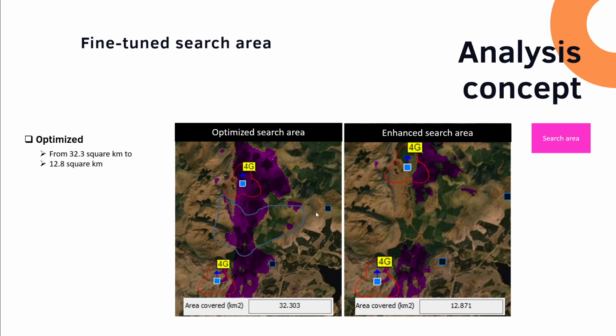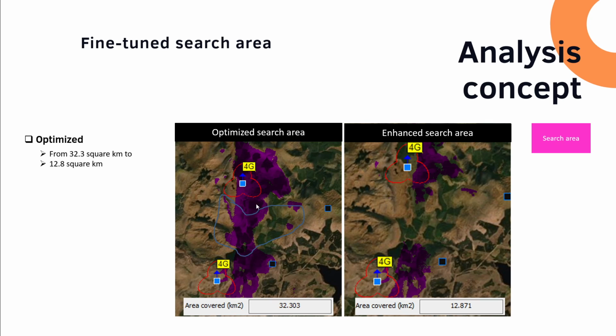By adding the knowledge of the best server for the non-connected sites, the black ones here, which are not connected sites, we can further reduce the search area into this.